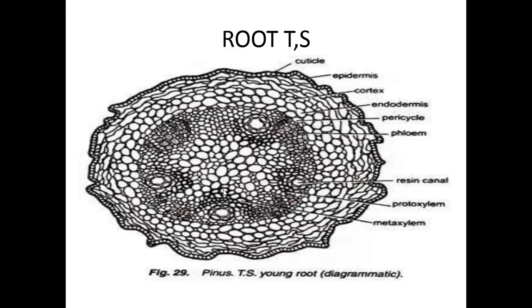From each metaxylem cell, two protoxylems are developed. They are capital V in structure. Between these two protoxylems, resin canals are present.